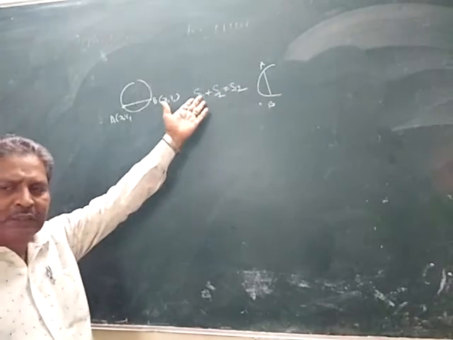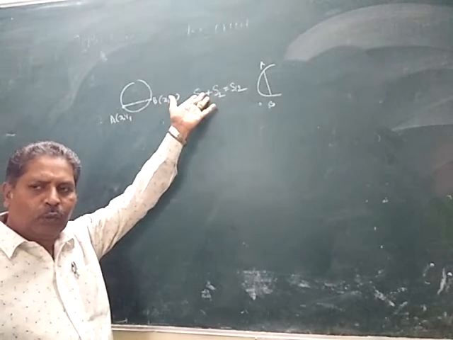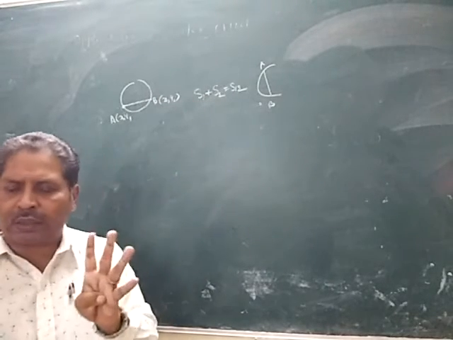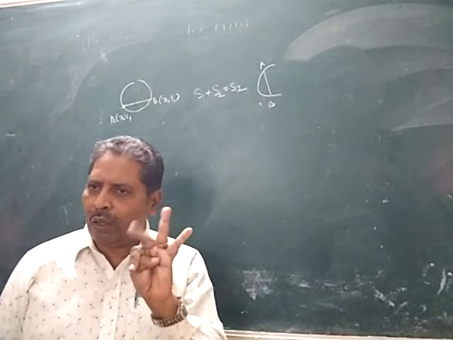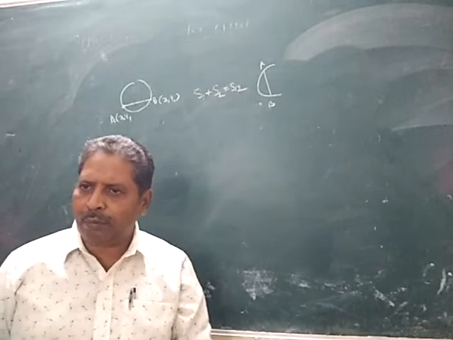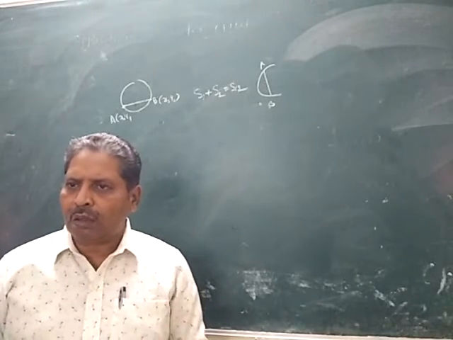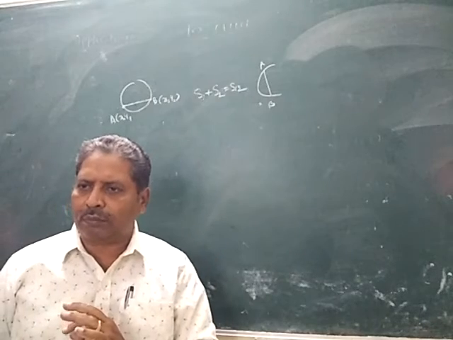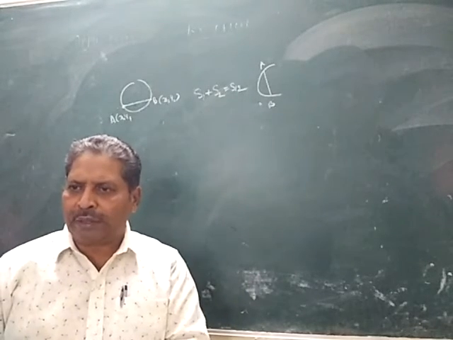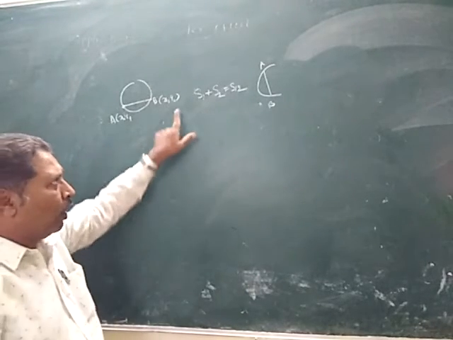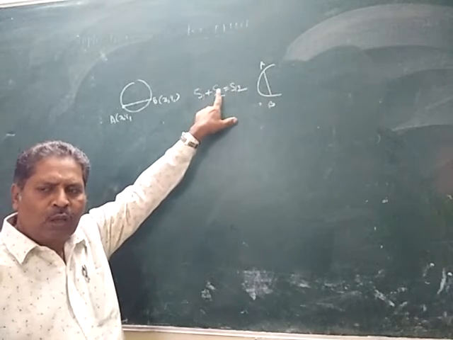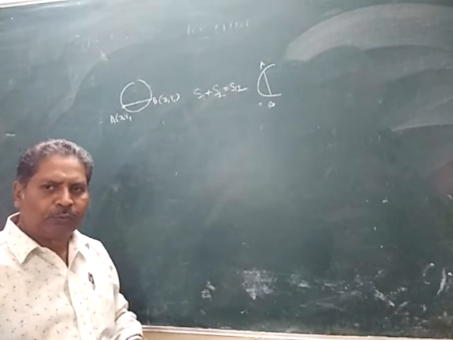In all four chapters, circle, parabola, ellipse, hyperbola, the equation of the chord joining the two points is S1 plus S2 equal to S12.